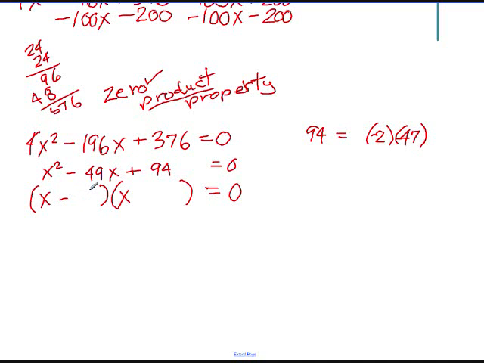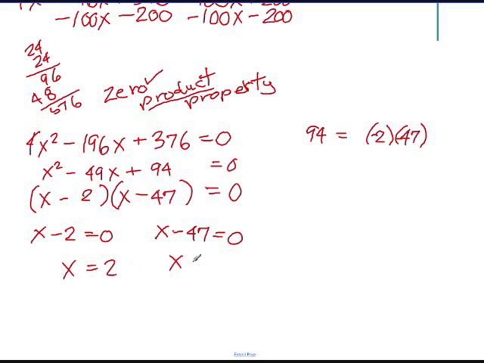It's negative 2 and negative 47. So if I do my little equations, x minus 2 equals 0, x minus 47 equals 0, I get x is either 2 or x is 47.